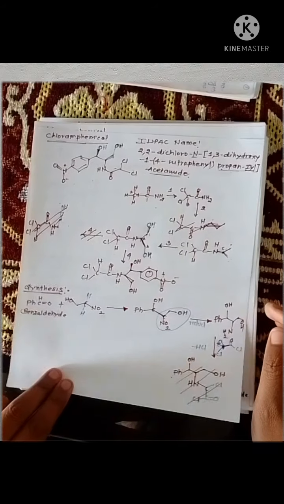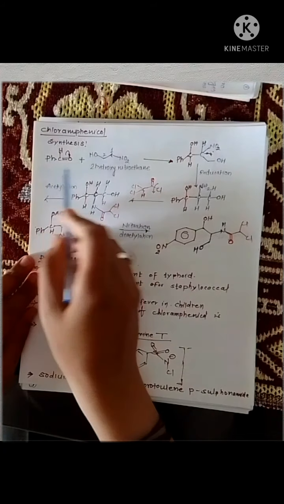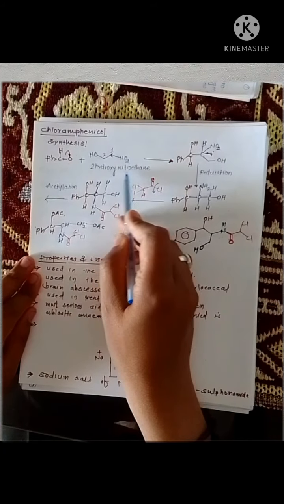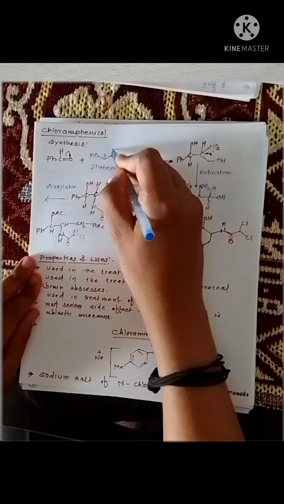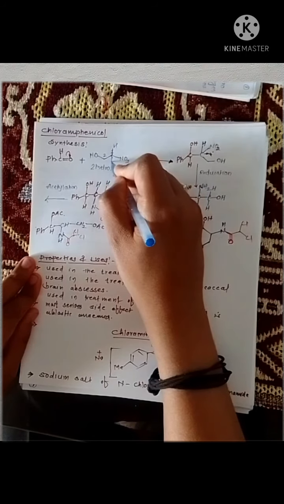Now, how does the synthesis of chloramphenicol take place? First, benzaldehyde is reacted with 2-hydroxy nitroethane. In 2-hydroxy nitroethane, the hydrogens on this carbon are slightly acidic.